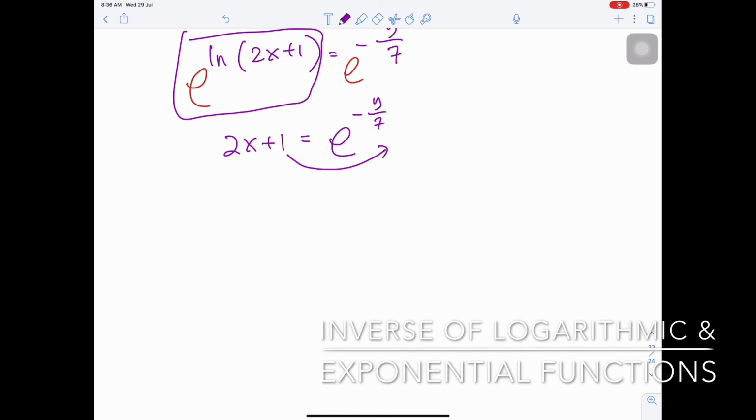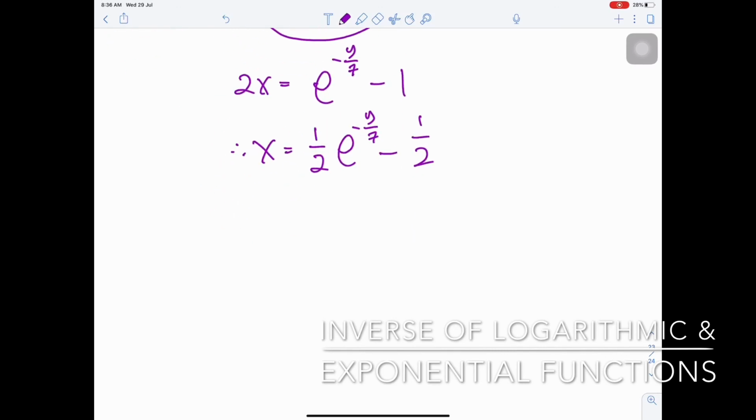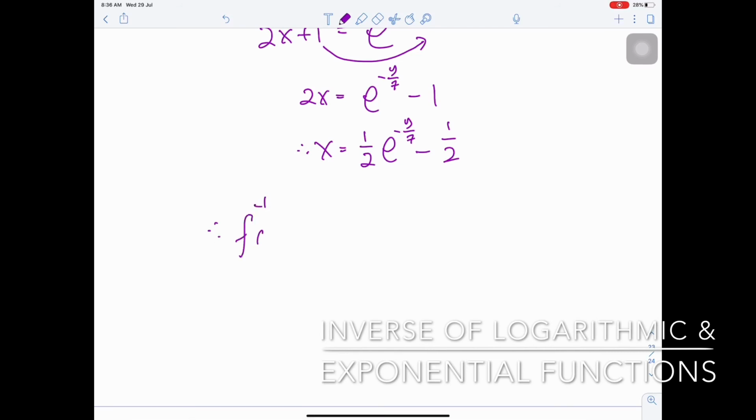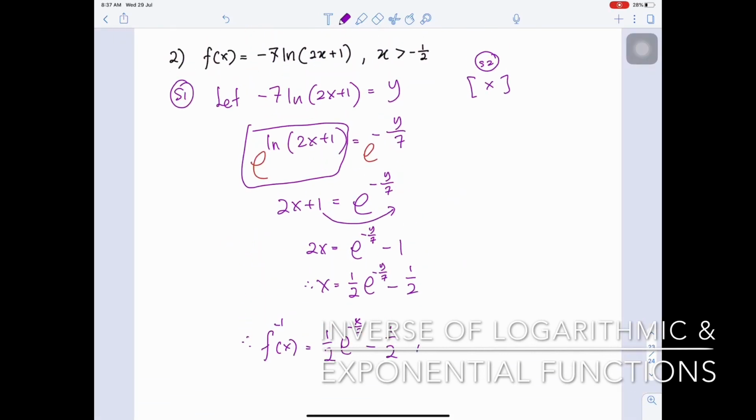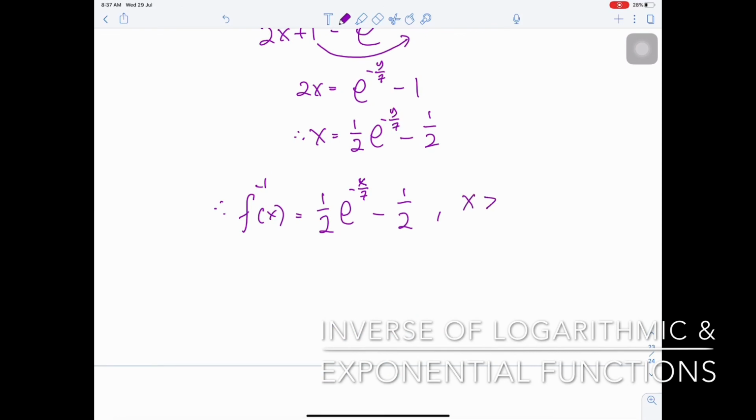Bring 1 to the right hand side, subtract 1. Therefore x equals 1 over 2 e to the power negative y over 7 minus 1 over 2. So the inverse function for x equals 1 over 2 e to the power negative x over 7 minus 1 over 2. The range is x greater than negative 1 over 2.